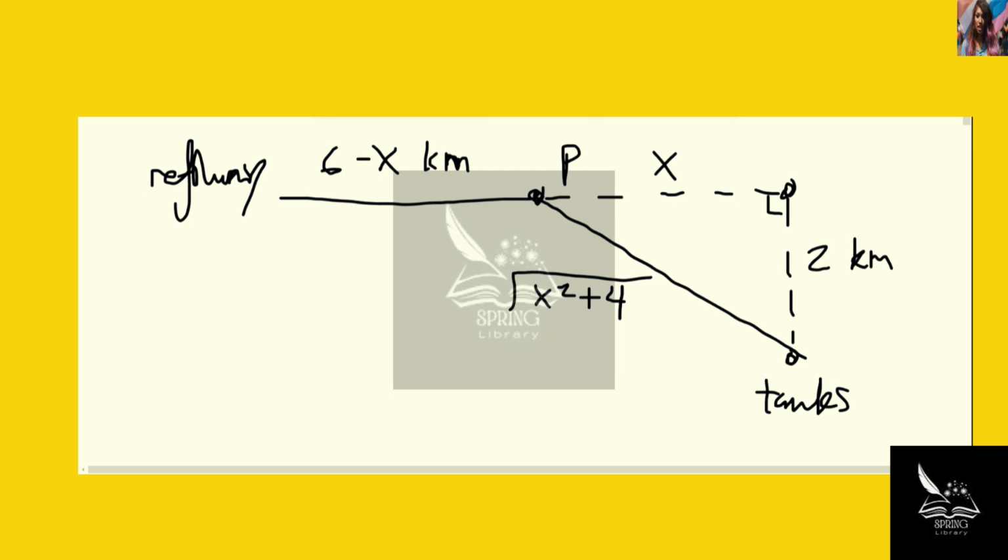Now the cost of laying pipes on land in millions of dollars, this is probably the easiest way to do this, is going to be 0.4 times the number of kilometers, which is 6 minus x.